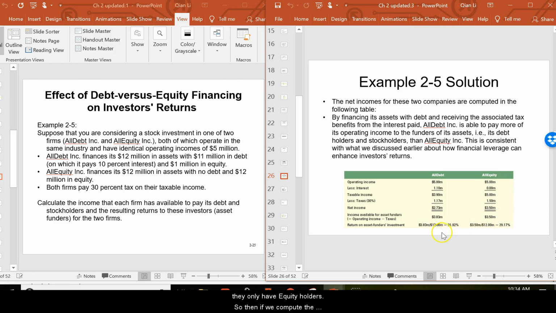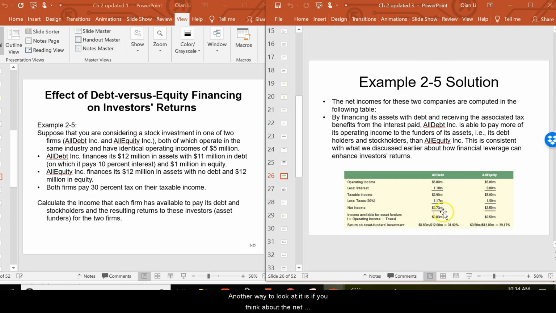So if we compute the return, 3.83 million out of 12 million investment from both debt holders and shareholders, that will give us about a 32% return. Compared to the other company, All Equity, the return will be about 29%. So this is a little bit higher if you consider the return for all investors.